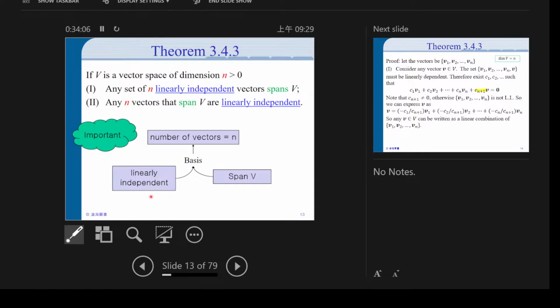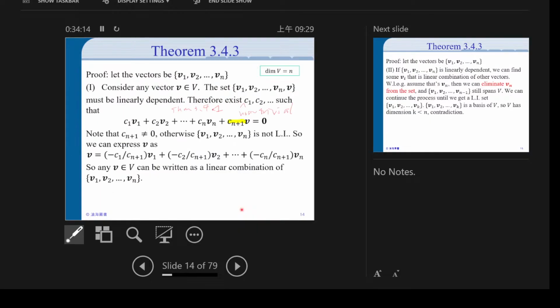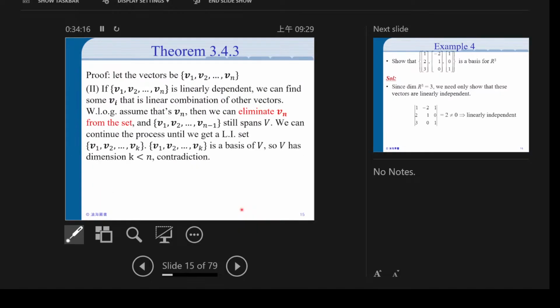Here we show that if you are linearly dependent, then you don't span V, so we go to the contrapositive. So we assume that your set of vectors is linearly dependent. And if you are linearly dependent, then we can find something that's a linear combination of the others. This is what we have talked about in linear dependence.